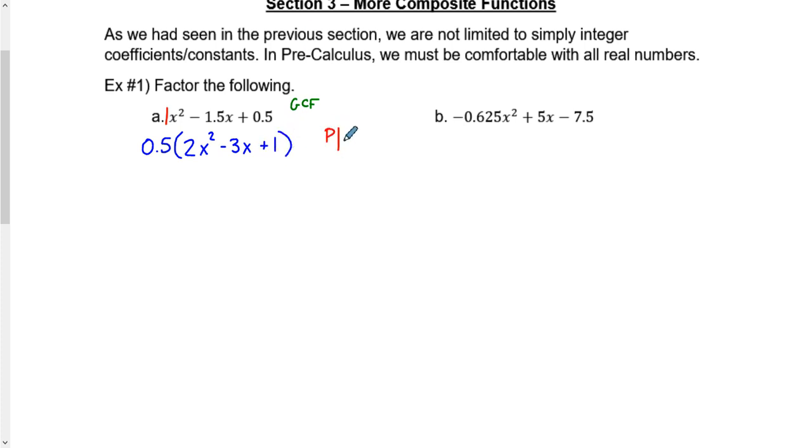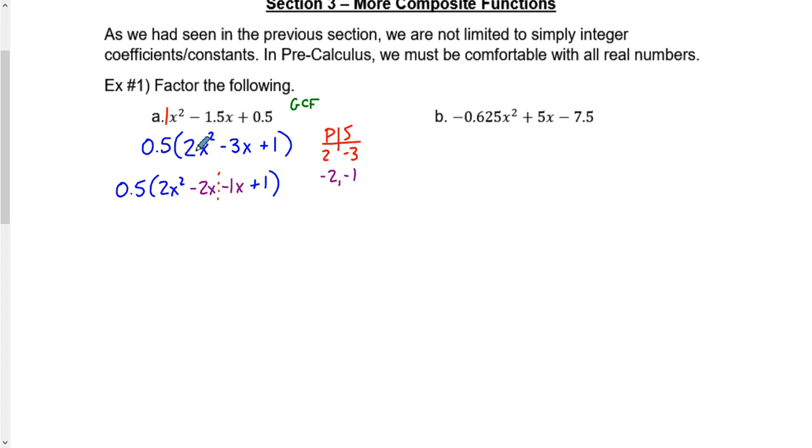Which means we can then do our product and sum. Product of 2, sum of -3, well, that's going to be a -2 and a -1. So I can take my 0.5, 2x squared, subtract 2x, subtract a 1x, add my 1, and continue on with my complex factoring.